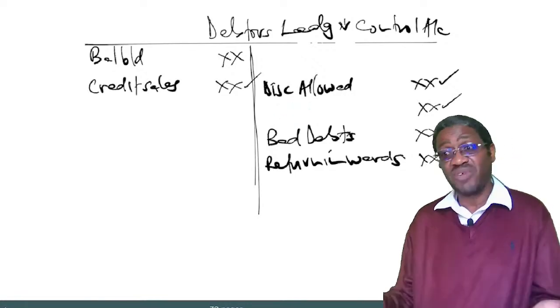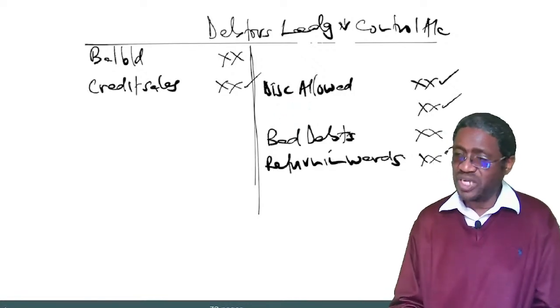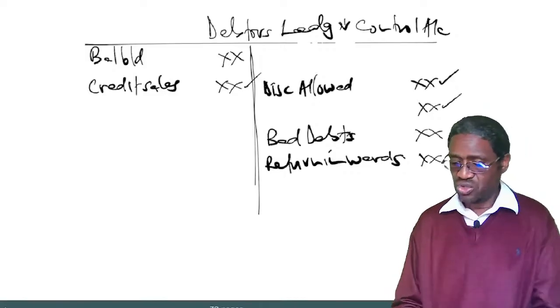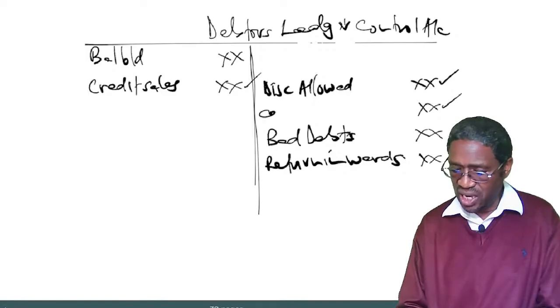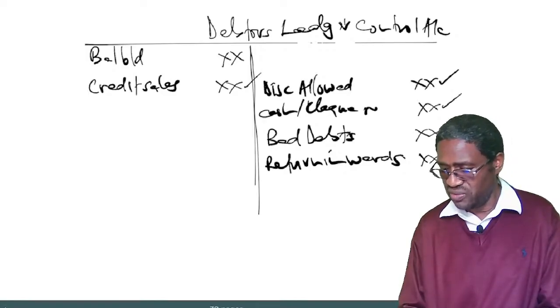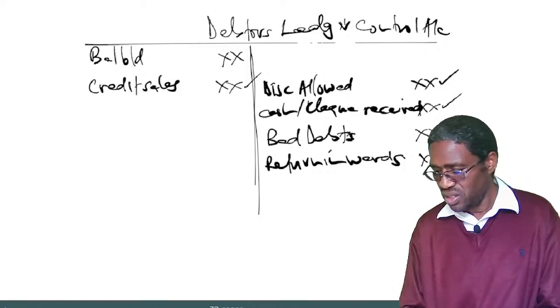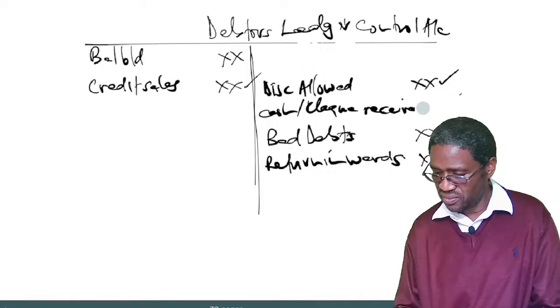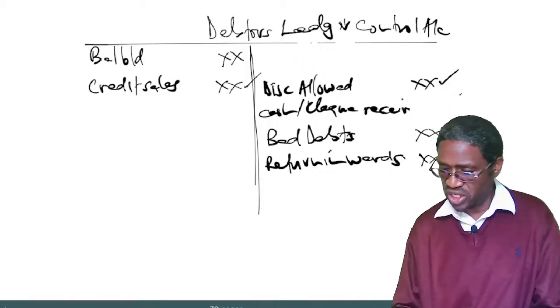Maybe you could have received a check. The debtor paid you by check. So we are saying it is either cash or check received.